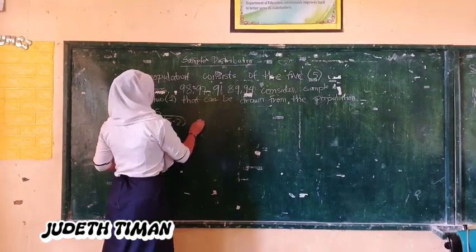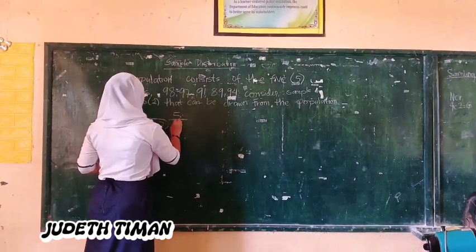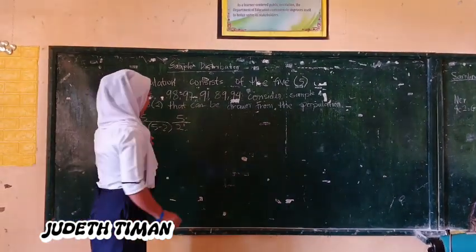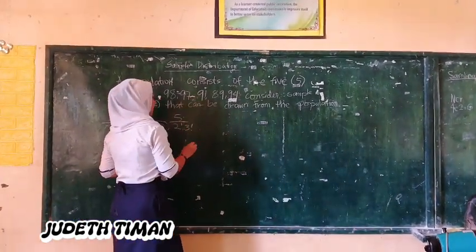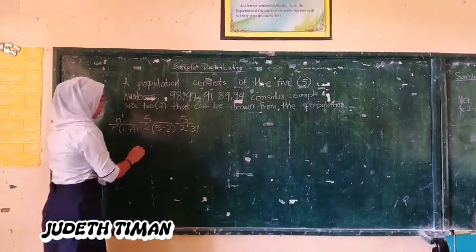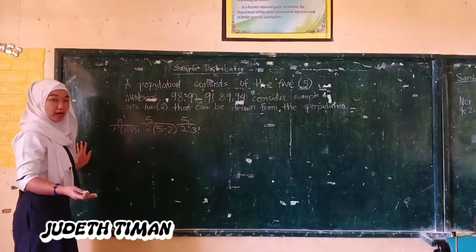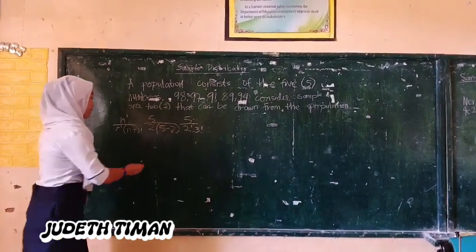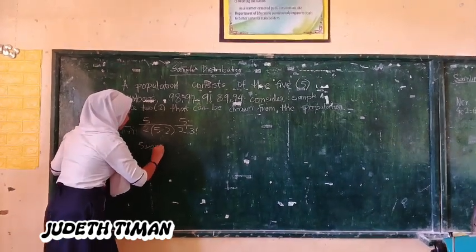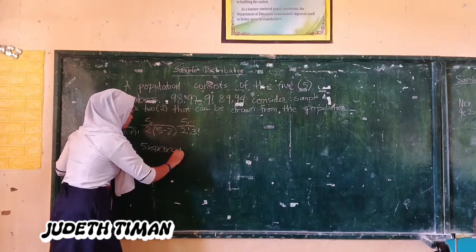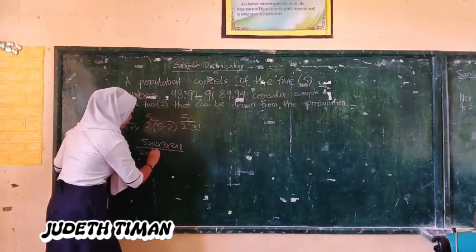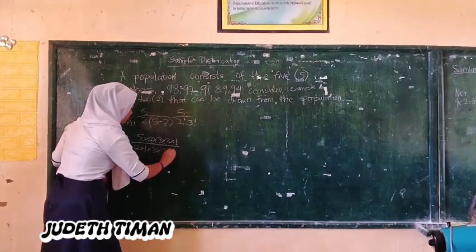So we write again 5 factorial over 2 factorial times 3 factorial, since 5 minus 2 is 3. What we need next is to count down from 5 to 1 and multiply together: 5, 4, 3, 2, 1, over 2 times 1 times 3, 2, 1.